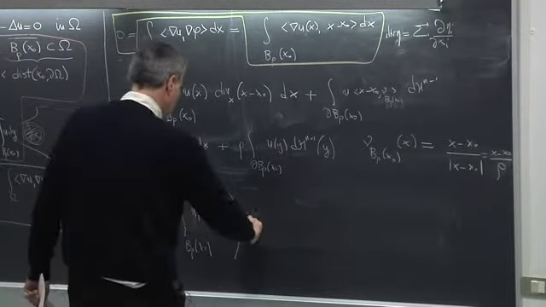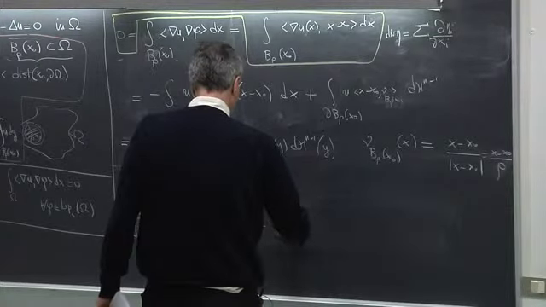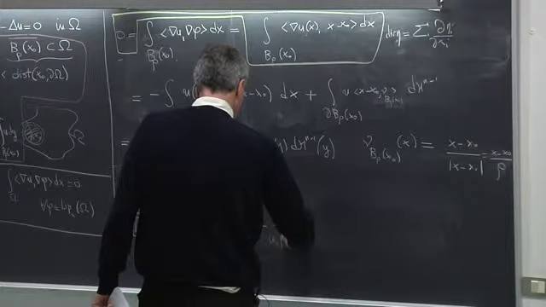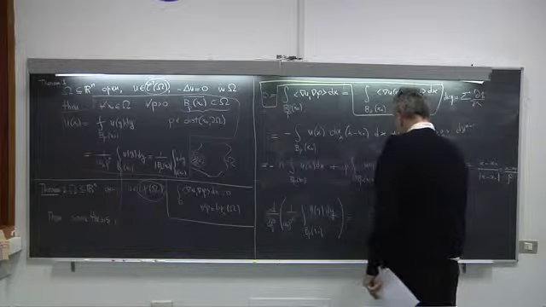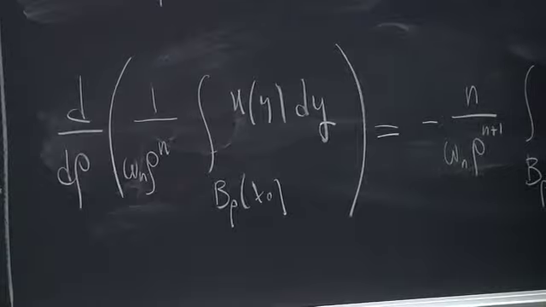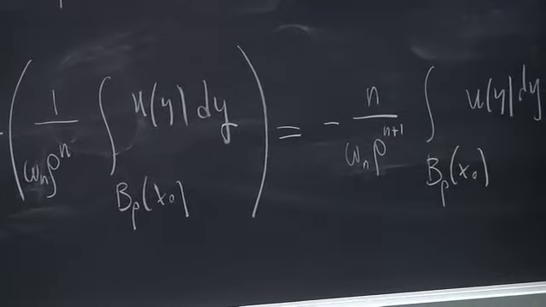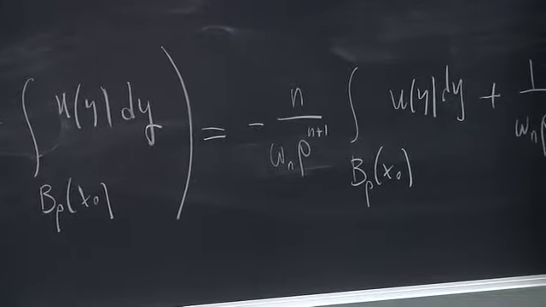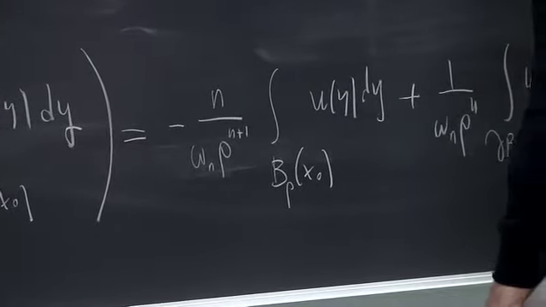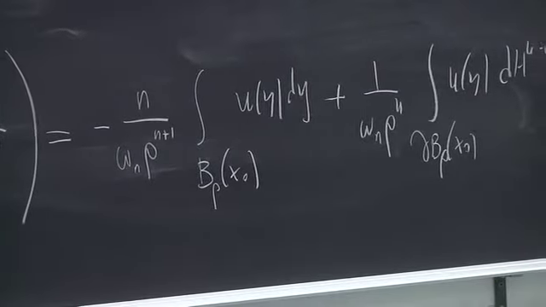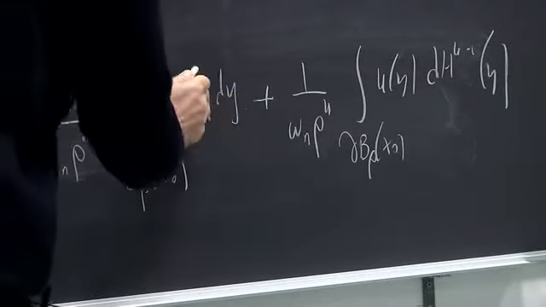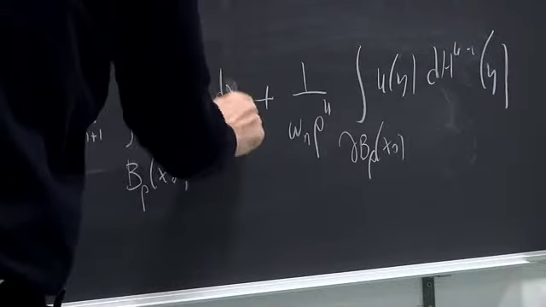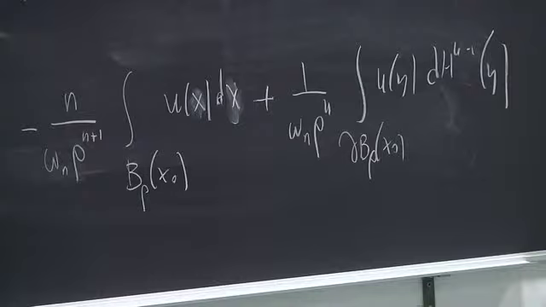So if I compute this, I have minus n omega n rho to the n plus 1 integral over B rho of x naught of u of y dy plus rho to the n, and you already know that... sometimes I write the integration variable x or y, it is of course the same. Therefore this is 0.